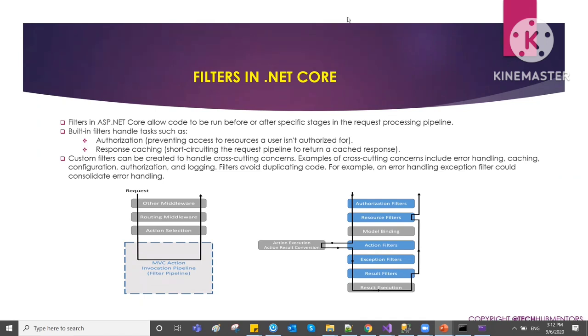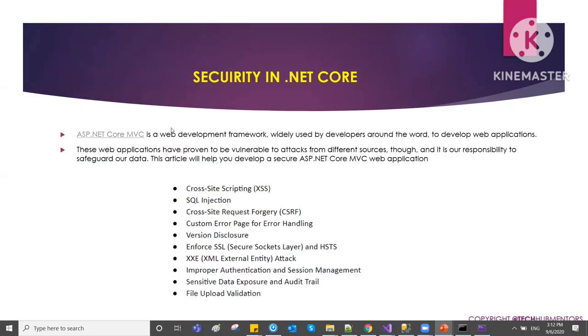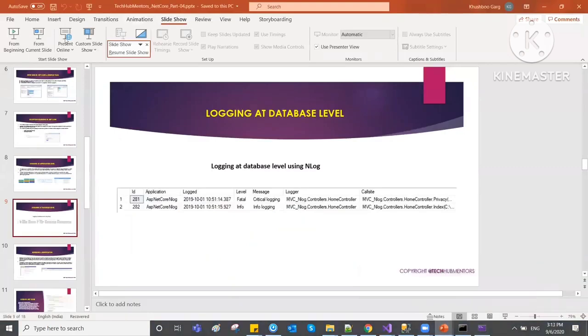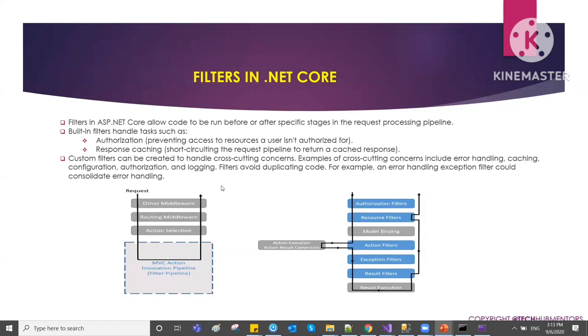There are different types of filters that you can achieve in your application: authorization filters, action filters, exception filters, result filters. These run before or after specific stages in the request processing pipeline.